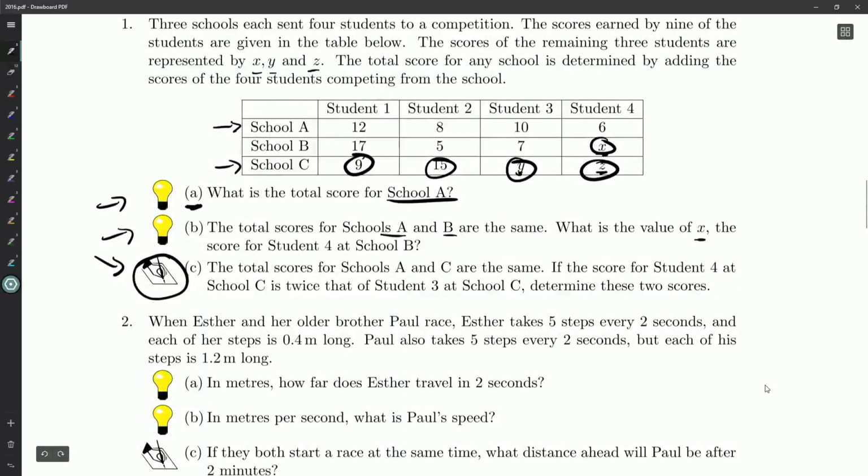I don't think there'll be enough room, so we'll flip the page here. For C, now this is where we actually need to write something down and describe what we're doing. The scores for schools A and C are the same, just like in part B. If the score for student 4 at school C is twice that of student 3 at school C, determine these 2 scores.